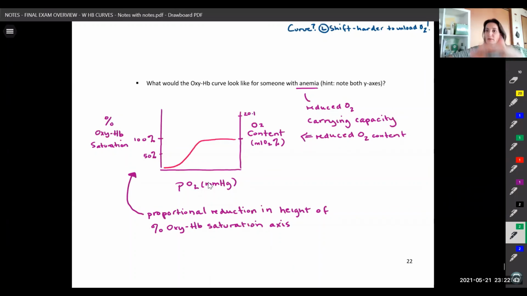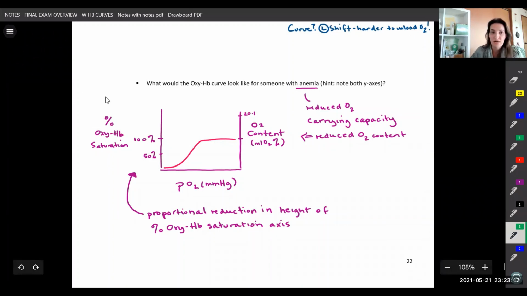So rather than the 20.1 milliliters of oxygen percent, let's say that their hemoglobin concentration was half that. So they have half the oxygen content, around the 10 milliliters O2 percent. So that's what I drew here. That's their starting point in terms of their oxygen content. But if we're assuming that they have no other disorders, respiratory, cardiovascular, then they should be able to fully saturate that smaller concentration of hemoglobin, right, within their blood.